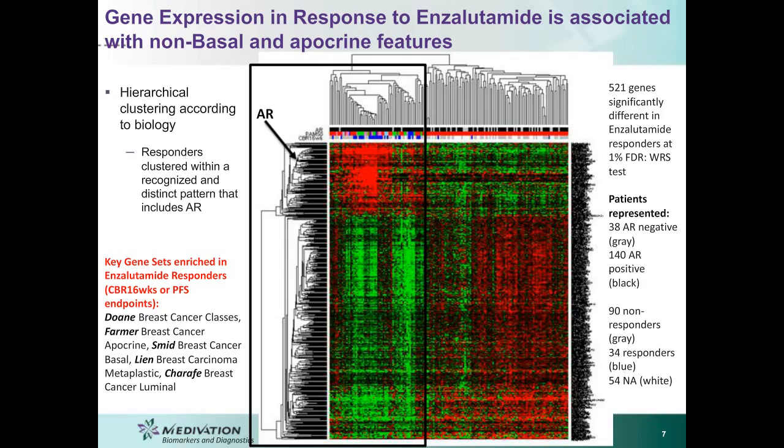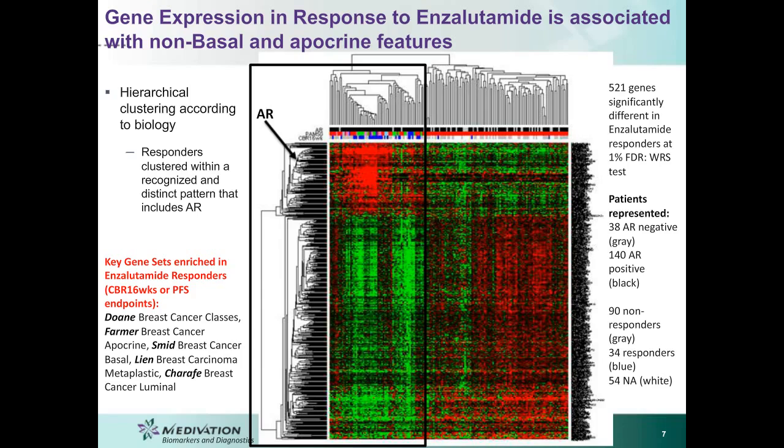When we did enrichment analysis for these two groups of genes, that is those high in the non-basal group that are responsive, and those high in the basal-like group that don't typically respond, we find biological meaning in that we find breast cancer subtypes being enriched in both of these classes, notably that the ones on the right being basal-like and those on the left, high on the left side of the heat map, being more luminal-like.